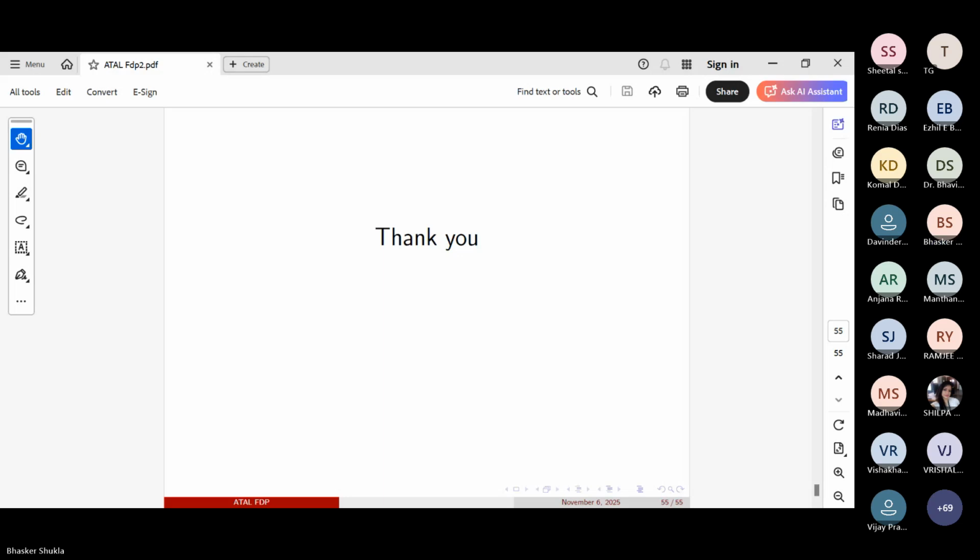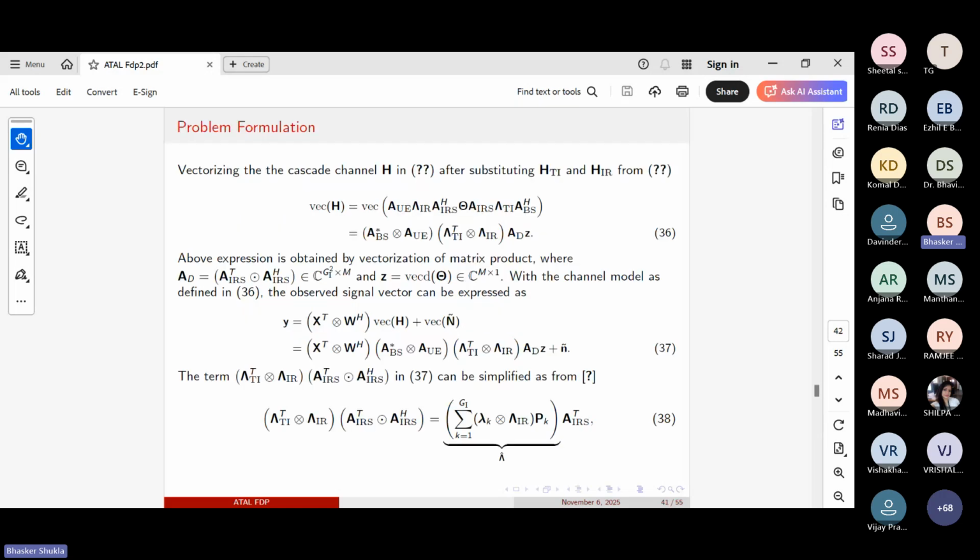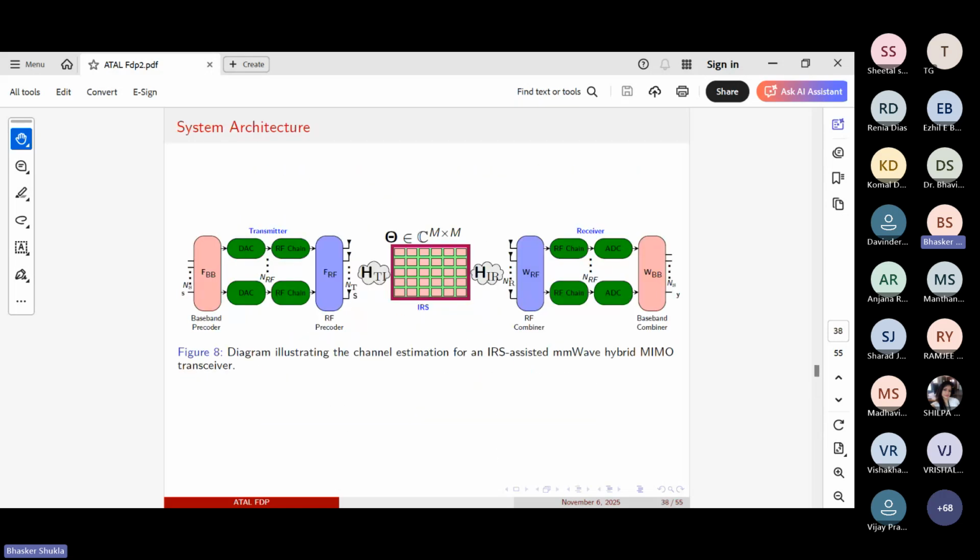Yeah, machine learning. We can apply machine learning for beamforming, and we can also apply it for channel estimation. As we can see here, channel estimation is the most important part of any millimeter wave, sub-terahertz or terahertz system.